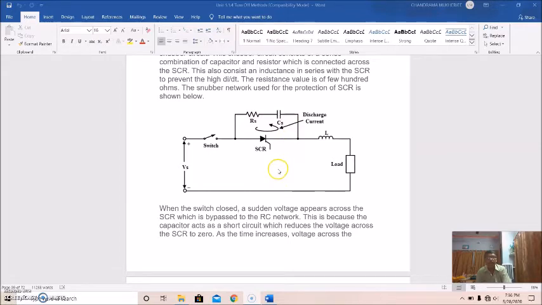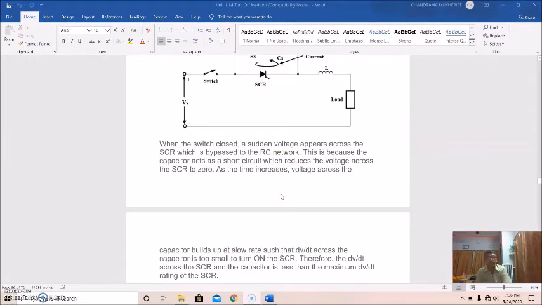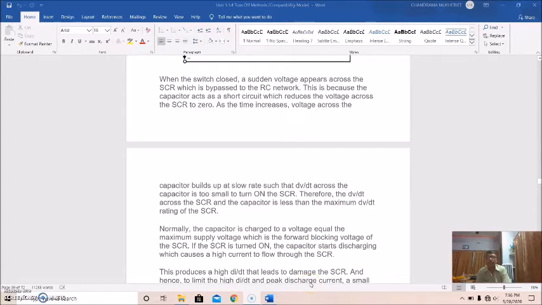This is because the capacitor acts as a short circuit, which reduces the voltage across the SCR to 0. As time increases, the voltage across the capacitor builds up at a slow rate, such that DVDT across the capacitor is too small to turn on the SCR. Therefore, the DVDT across the SCR and the capacitor is less than the maximum DVDT rating of the SCR.